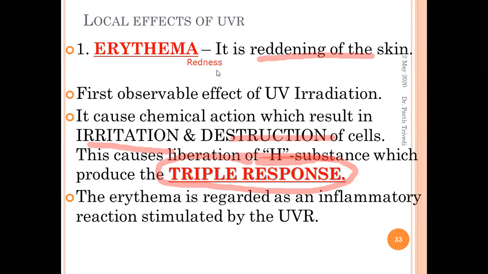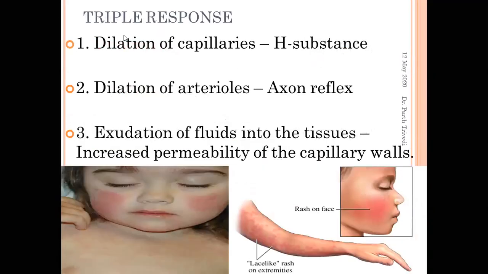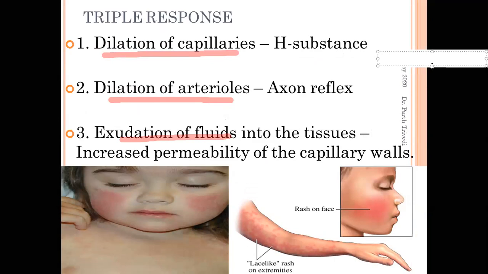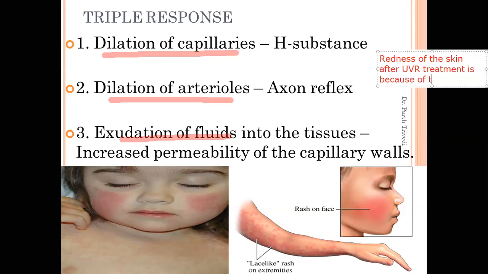These are the things known as the triple response. It includes dilation of capillaries, dilation of arterioles, and exudation of fluids. So the redness of the skin after UVR treatment is because of the triple response.